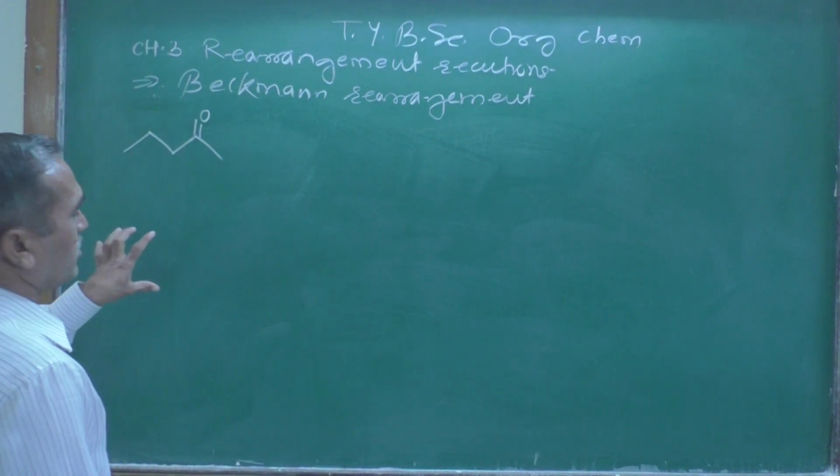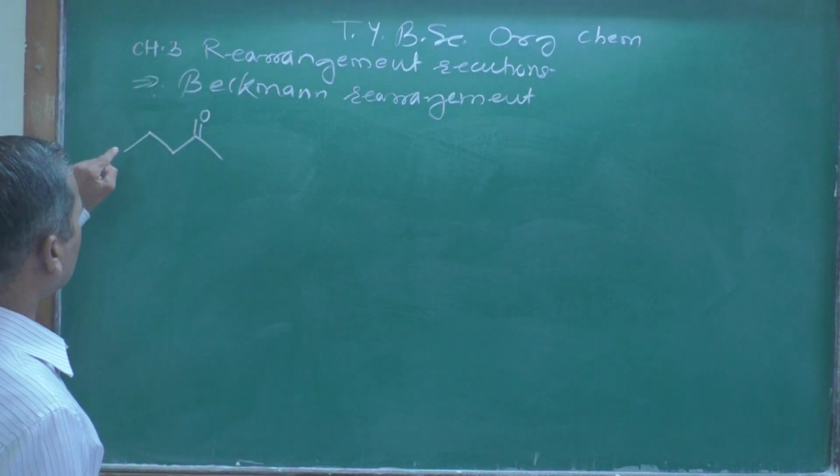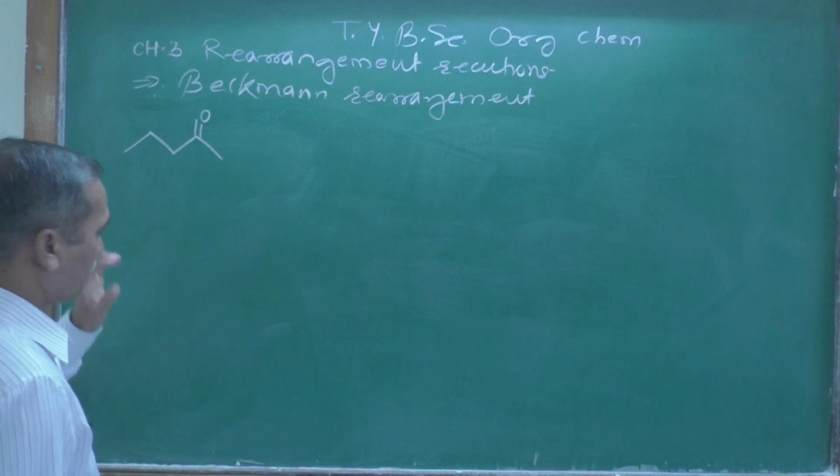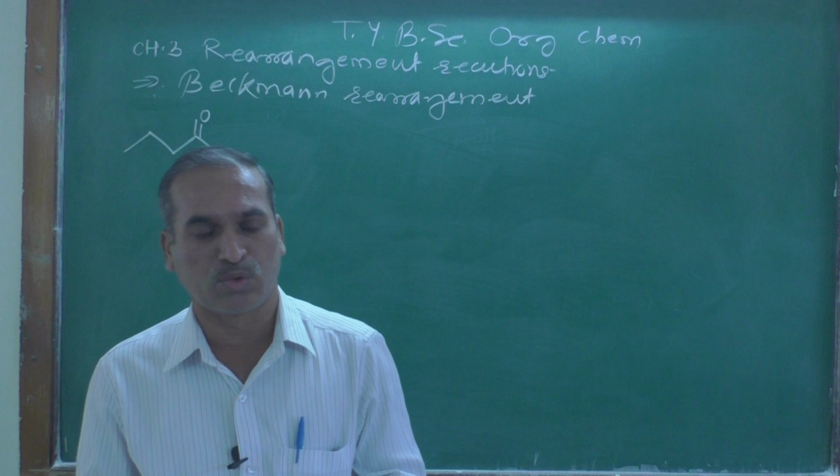And the organic chemist generally knows that, suppose this terminal carbon atom, while writing zigzag structures, what are the things to remember?